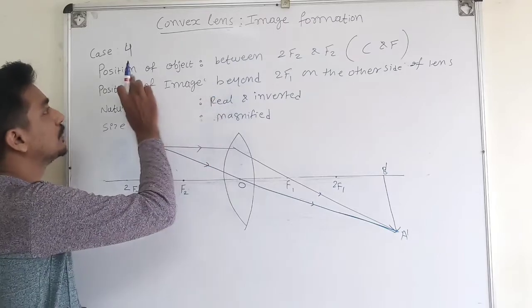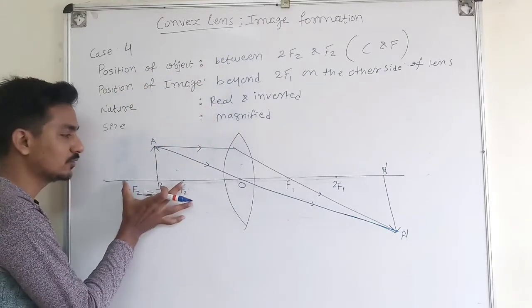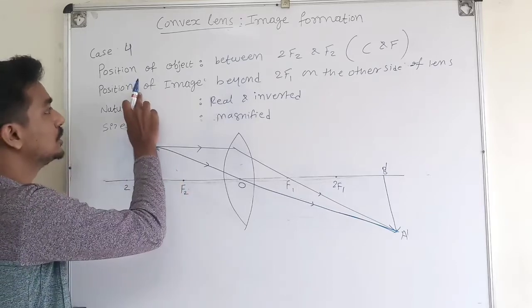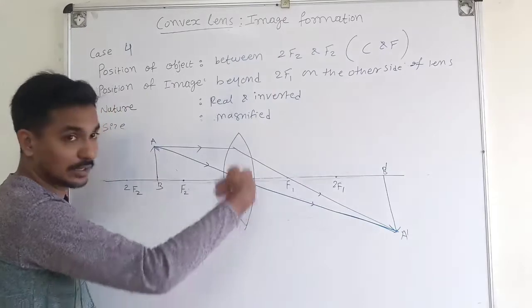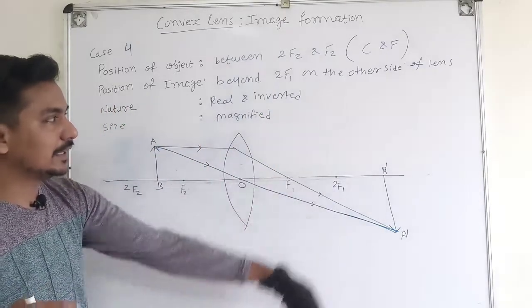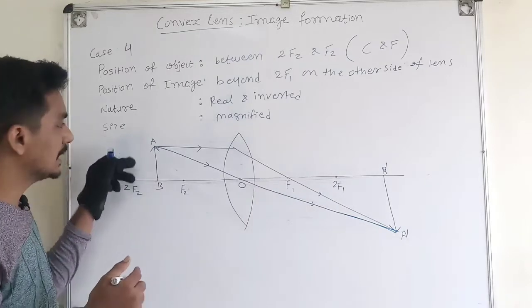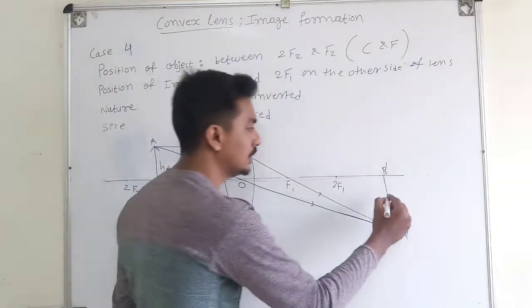So here the position of the object is between C and F, or we can say F2 and 2F2. Position of the image, it is beyond 2F1 on the other side of the lens, and nature, it is real and inverted, and you can see the size, the object, that is HO, and here the size of the image.